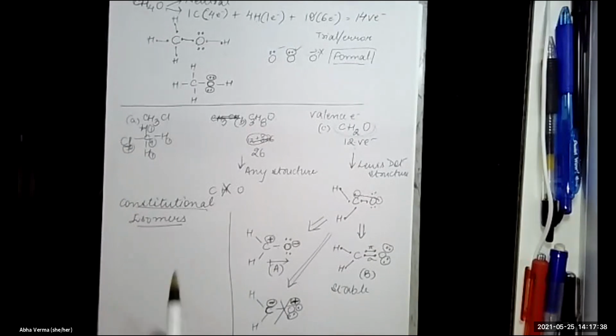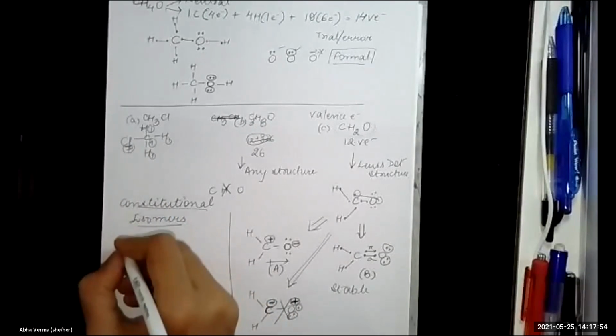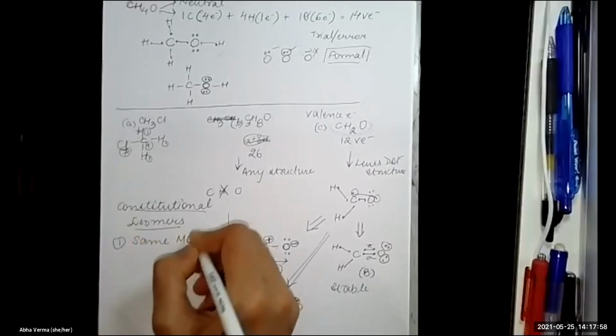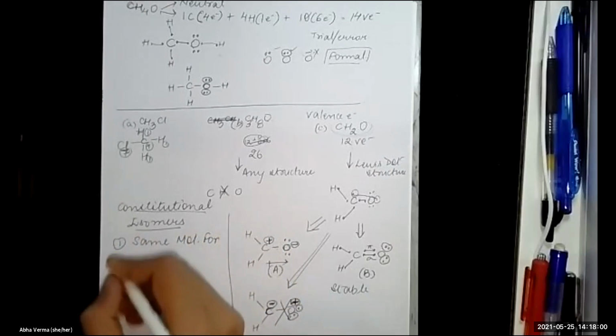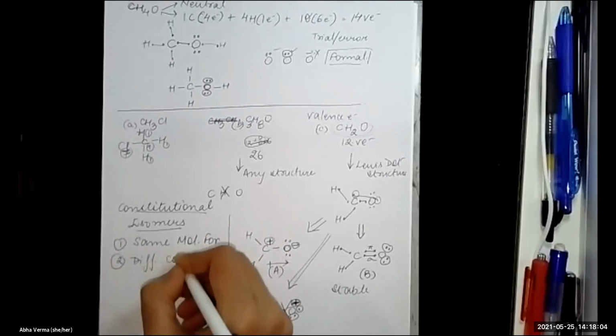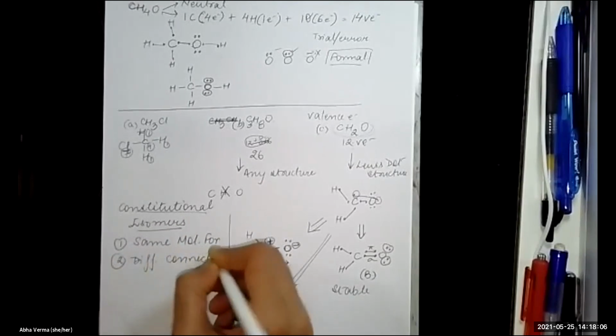I will also show you a sequence sheet, which is posted on your Brightspace course, where you can figure out how to look and form constitutional isomers. But what are constitutional isomers? They have the same molecular formula, but different connectivity.